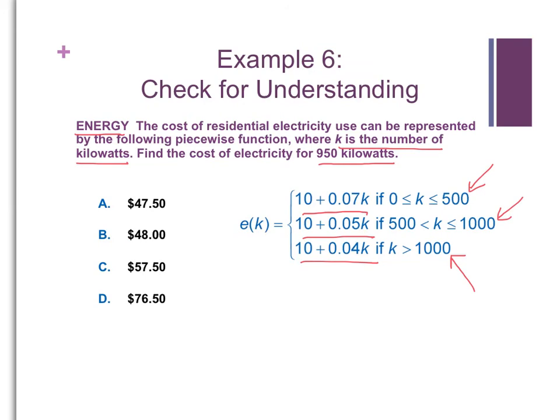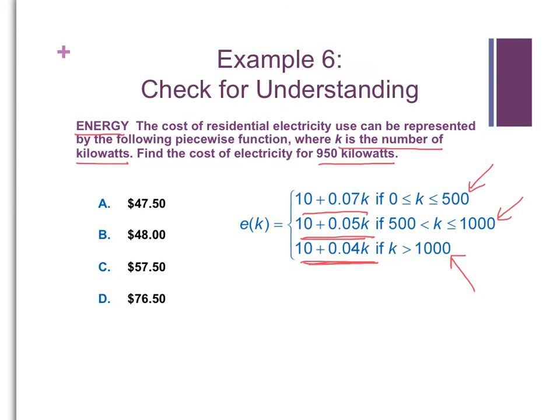If you use more than 500 but less than or equal to 1,000 kilowatts, then you would use the second equation. And if you use more than 1,000 kilowatts of electricity or energy, you're going to have 10 plus 0.04K as your equation to determine your bill.